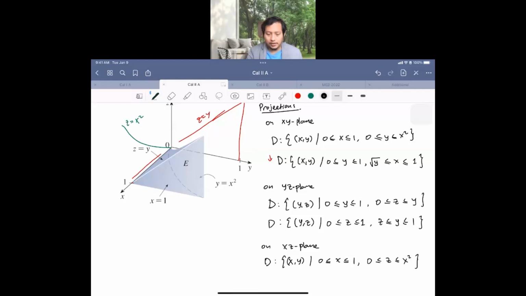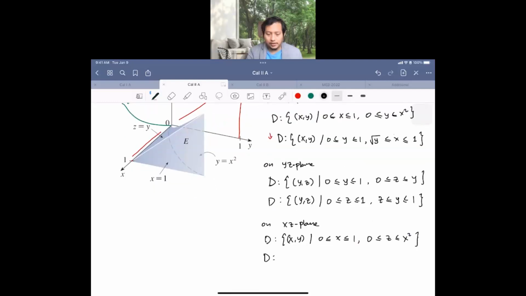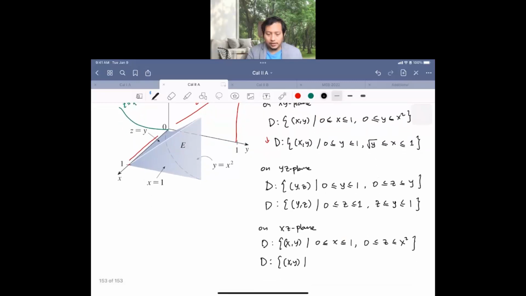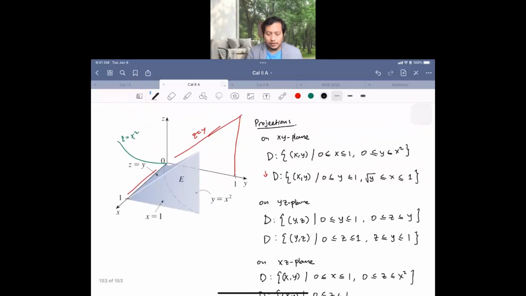Okay, and then we can change the variable. So we can say z is, let's say, from 0 to 1. Okay, let's say 0 to 1.